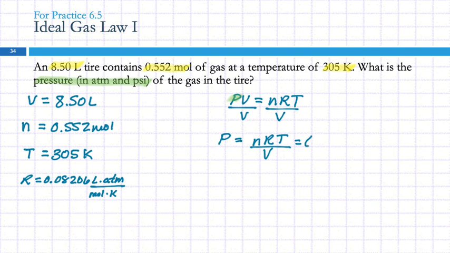I've got 0.552 moles. R is 0.08206 liter atmospheres per mole Kelvin.